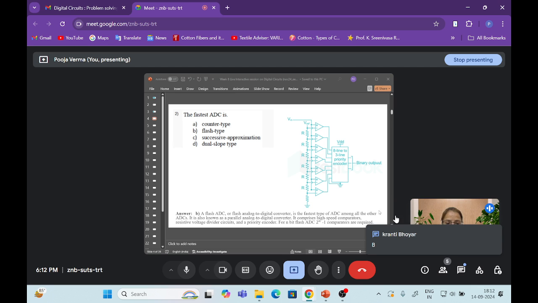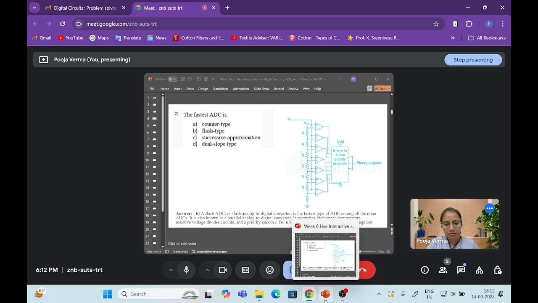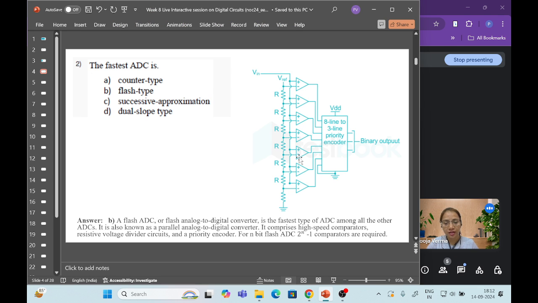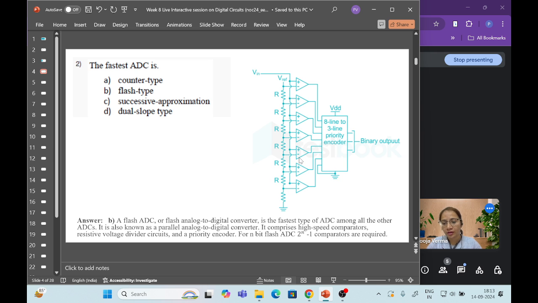Flash type ADCs are the fastest. Dual slope has the highest accuracy, but it is not the fastest. In the previous question, they asked about dual slope for highest accuracy.